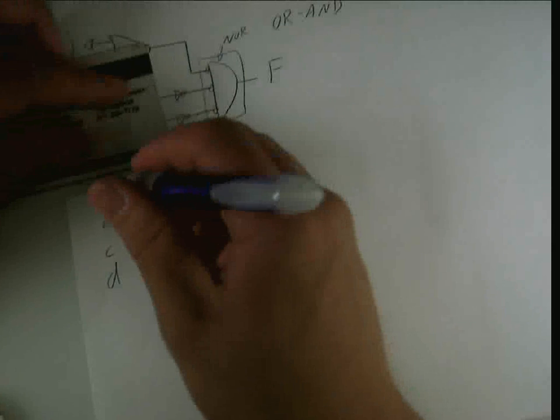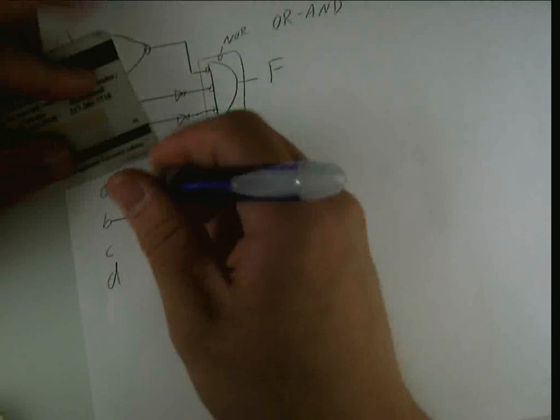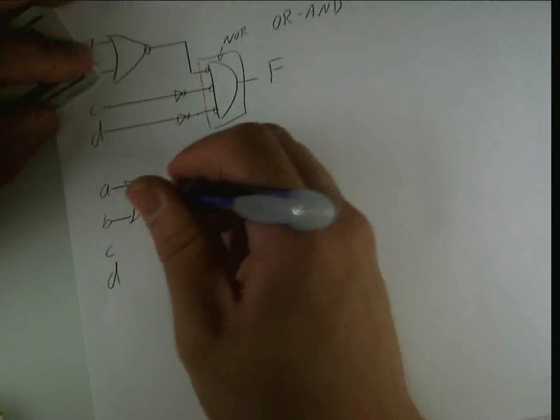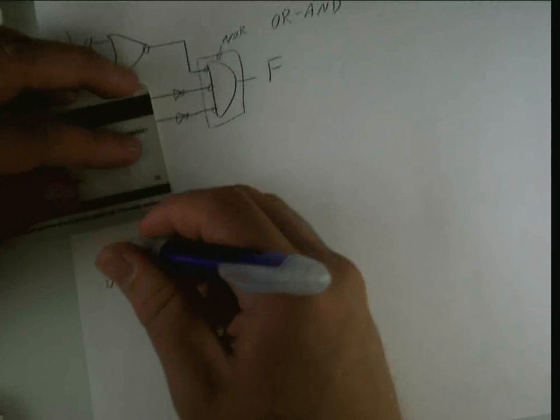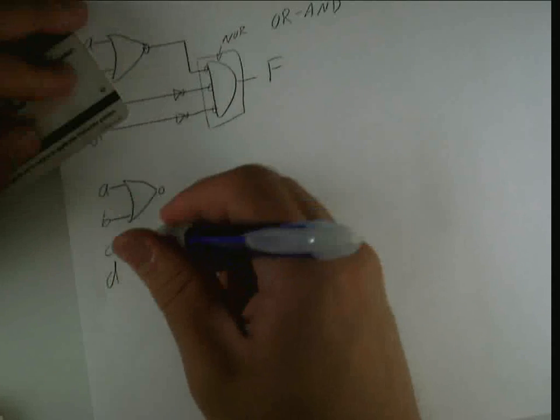So we're going to have A, B going into this NOR gate, C going into an inverter.